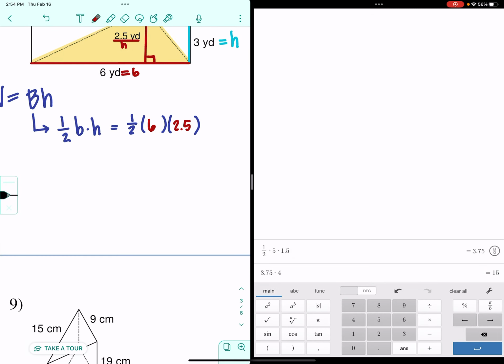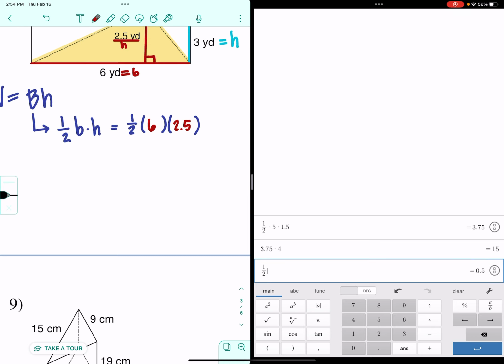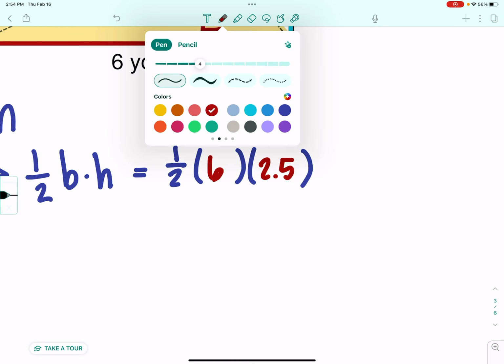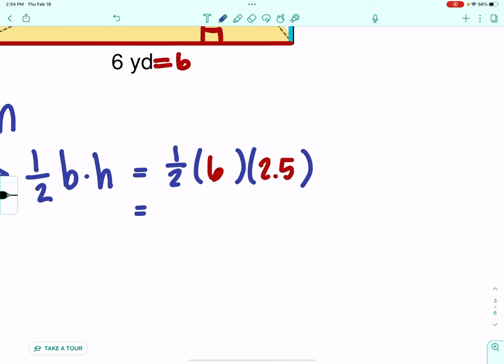I'm going to go back to Desmos, and I need to do 1/2 times the 6 times the 2.5. So I get 7.5. I'm going to make it red.